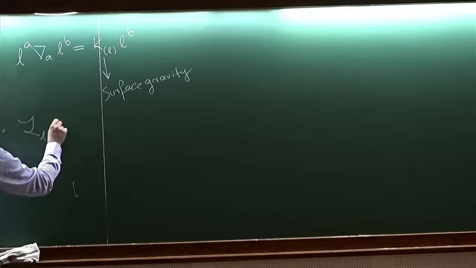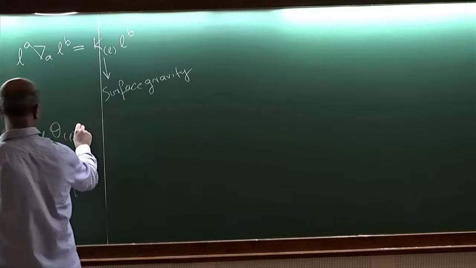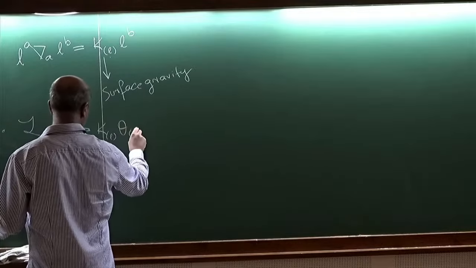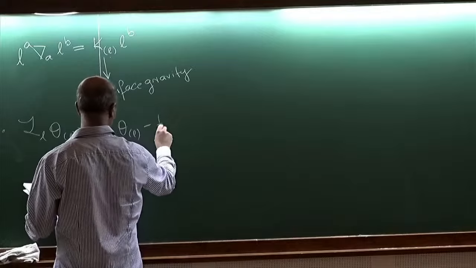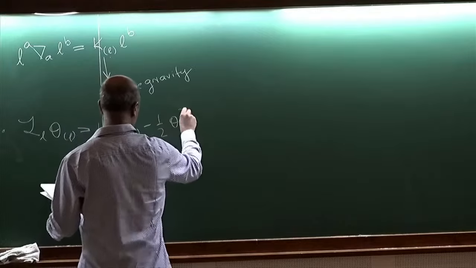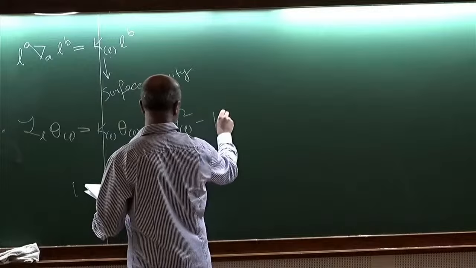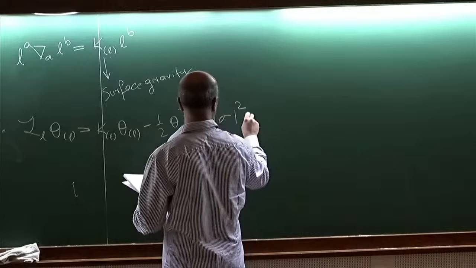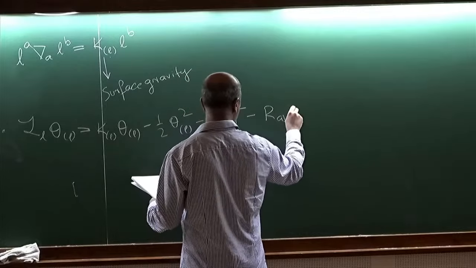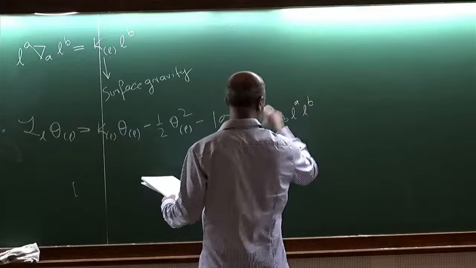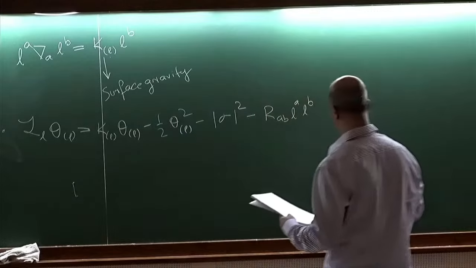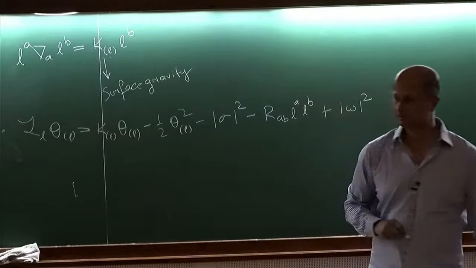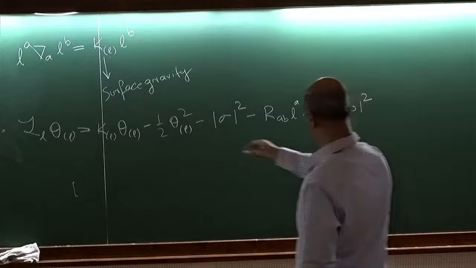The Lie derivative of the expansion is kappa_L theta_L, minus 1/2 theta_L squared, minus the square of the shear, minus R_AB L^A L^B, plus the twist of L. So this is the Raychaudhuri equation.